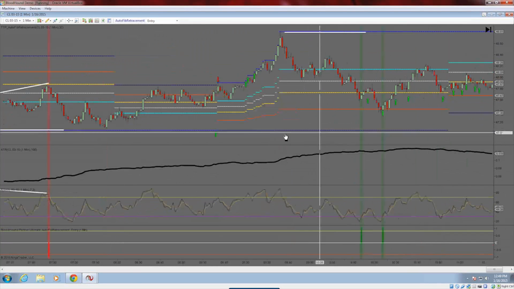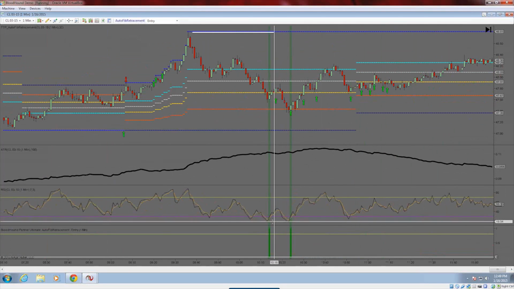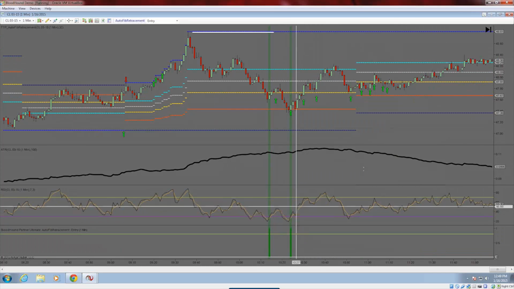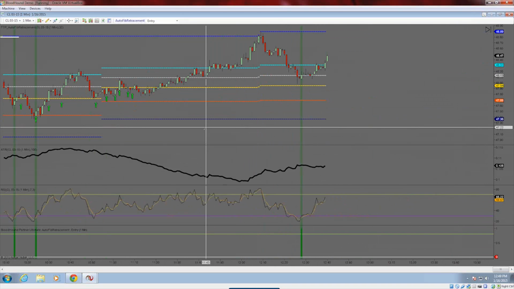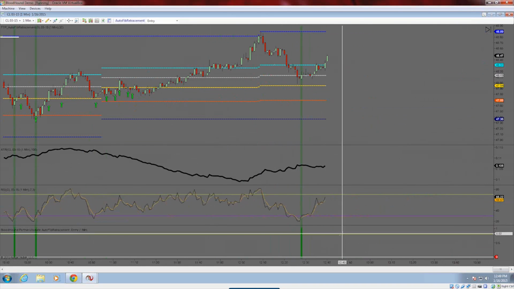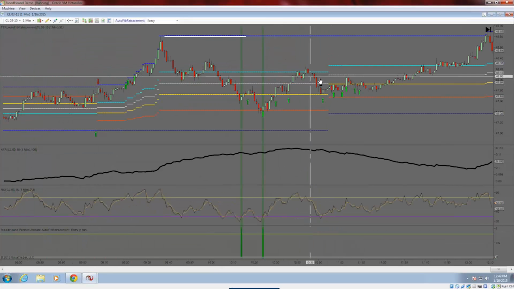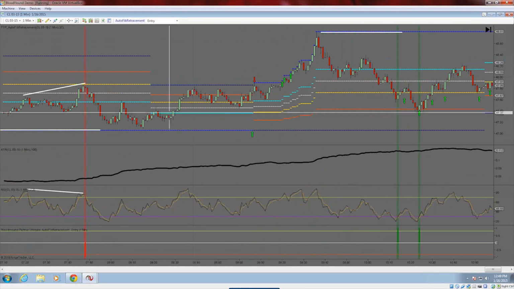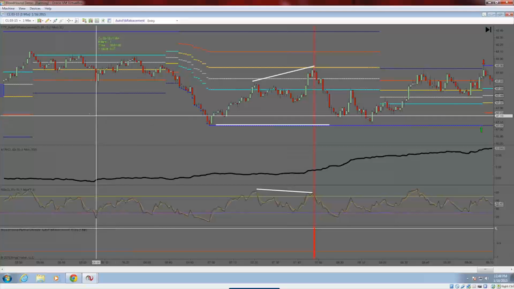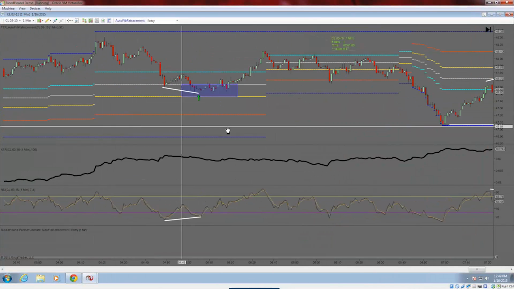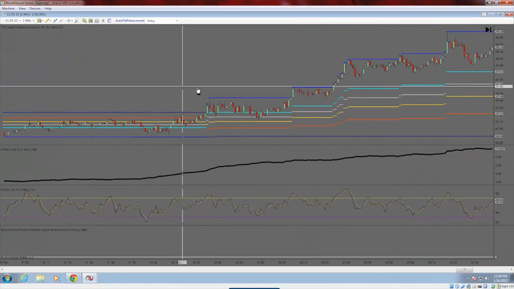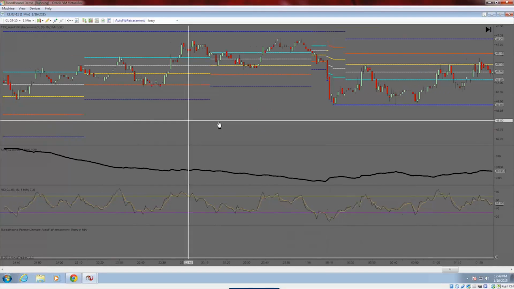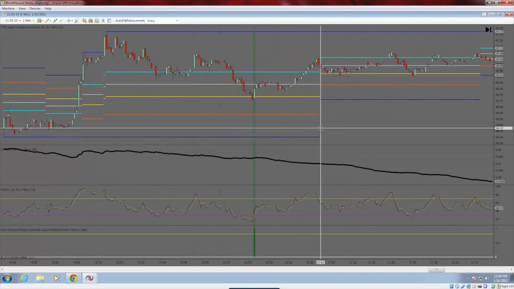Let's see. You don't have it here though, and you don't have it here. A lot of good looking signals out of this so far, and there's not very many, but in my experience, that's a good thing. Usually the more signals you have per day, the worse the system's going to do, as far as I can tell.